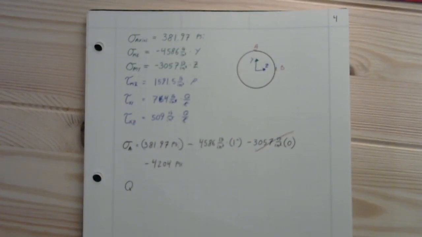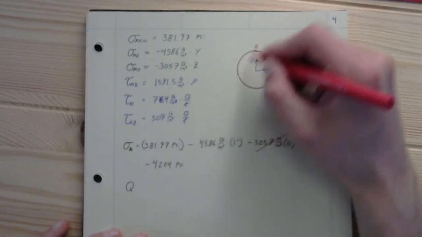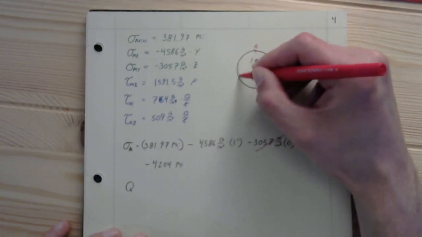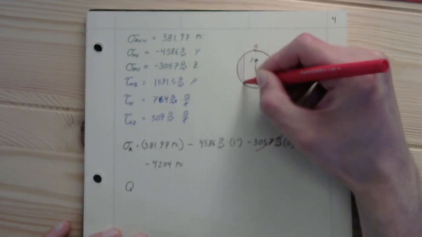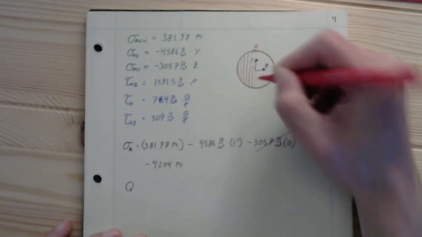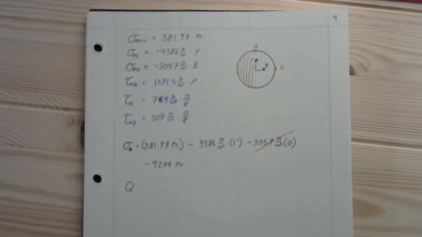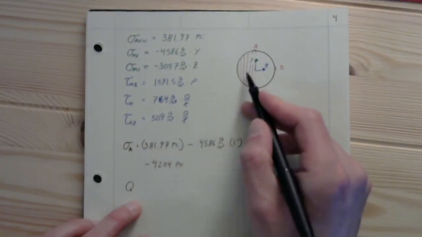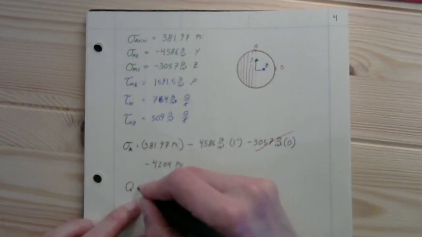However, if we look at a, what's the color? I guess red. If we look at our shear in the z direction, Q is going to be this whole space here. And so it's going to be the centroid of that about this point right there.